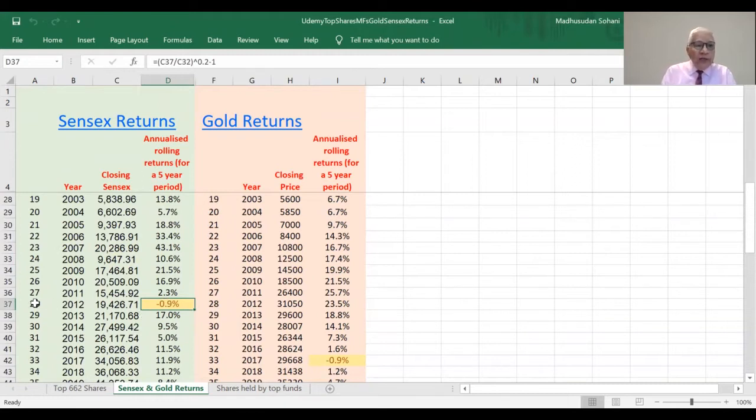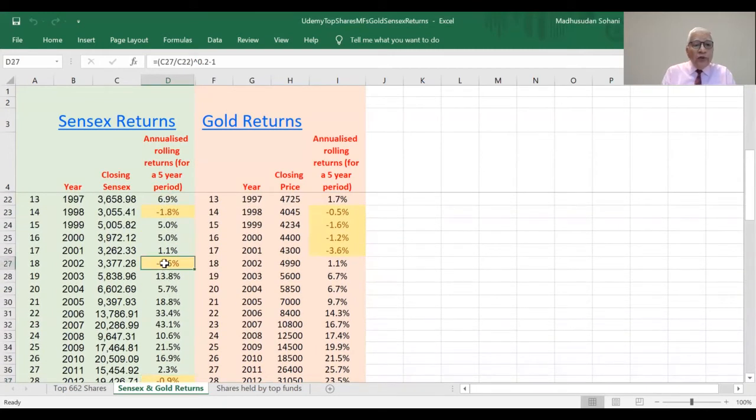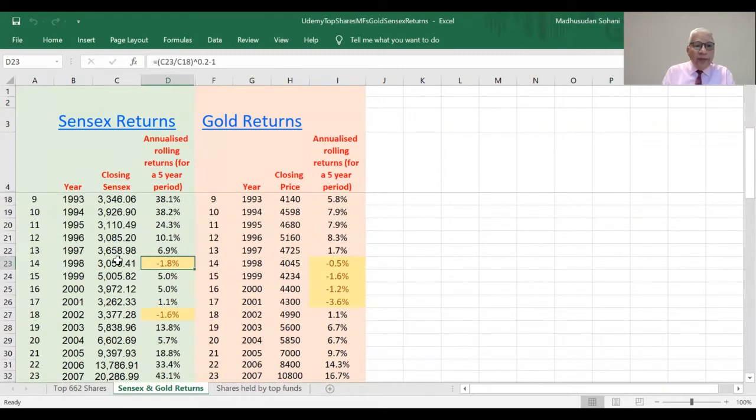Where are the 3 occasions? In 2012, the returns were 0.9% with a negative sign. Then in 2002, minus 1.6%. In 1998, minus 1.8%. How is it minus 1.8%? See, here is 3055.